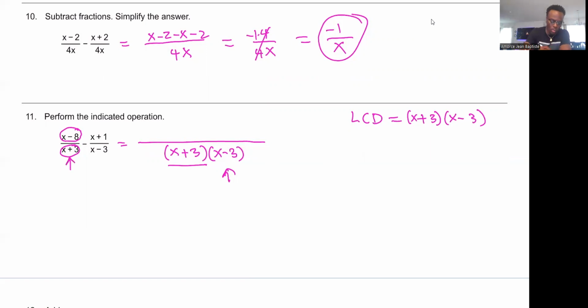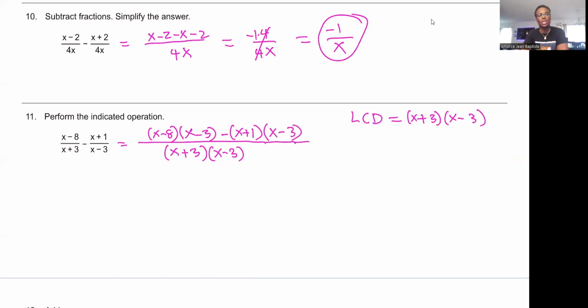So we would have x minus 8, the numerator of the first fraction, times what was missing in the denominator, x minus 3, and then minus the top, x plus 1, times what was missing to complete the LCD, which is x plus 3, because we have x minus 3 and we are missing x plus 3.